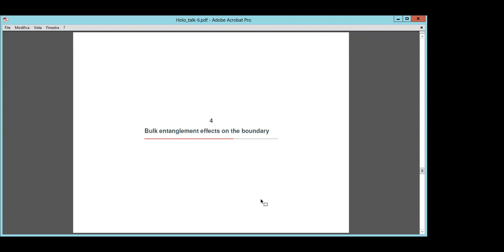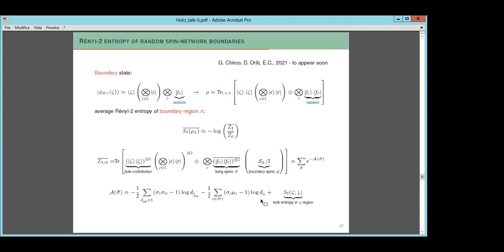Okay, so what I presented so far is something that was contained in the paper I mentioned before. This is a set of results that will appear soon, hopefully. And this is instead the same kind of technique, but applied to see the effect of the bulk entanglement on the boundary.